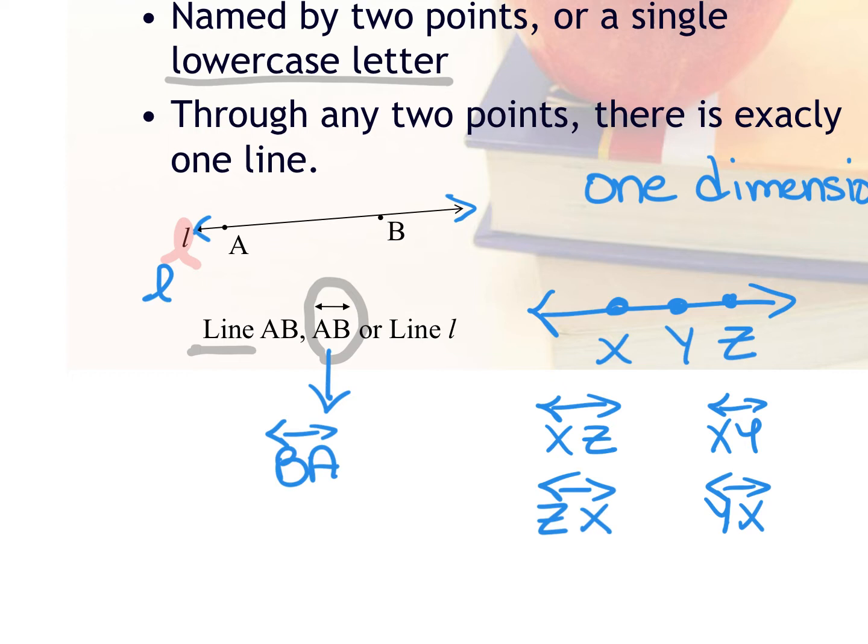And let's say I called this line up here, the XYZ line, let's say I called it letter D. If you're going to use the lowercase letter, you're going to write the word line in front of that lowercase letter.